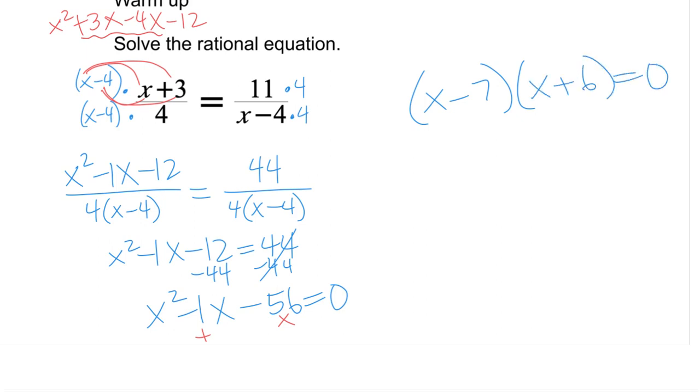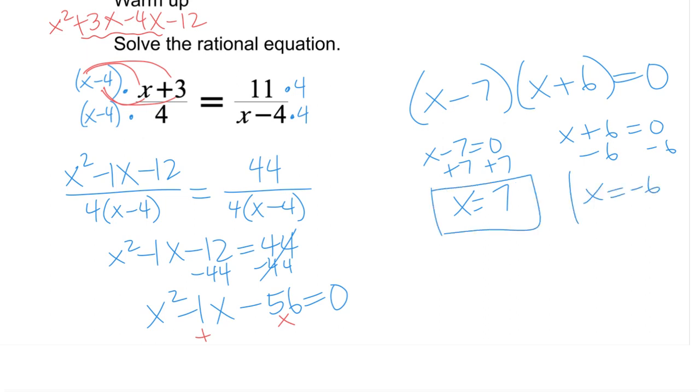Those would multiply to be negative 56 and add to be negative 1. So now that I have that, I can set each equal to 0 to give me my final solutions. This one would give me a positive 7. And this one would give me, if I solve, a negative 6. So I have two solutions on this one.